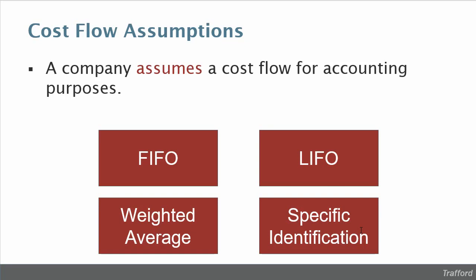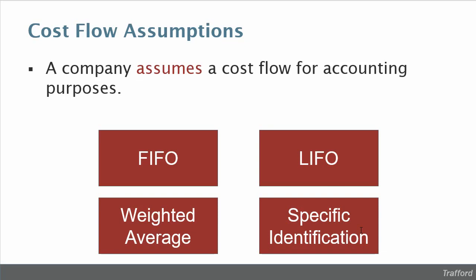Specific identification could be used, it wouldn't necessarily have to be used, but it could be used if a company could tell whether or not, for example, it was selling a $6 umbrella or an $8 umbrella. So in order for a company to use specific identification, they have to have some way to tell what they actually did pay for each item in inventory that they're selling.